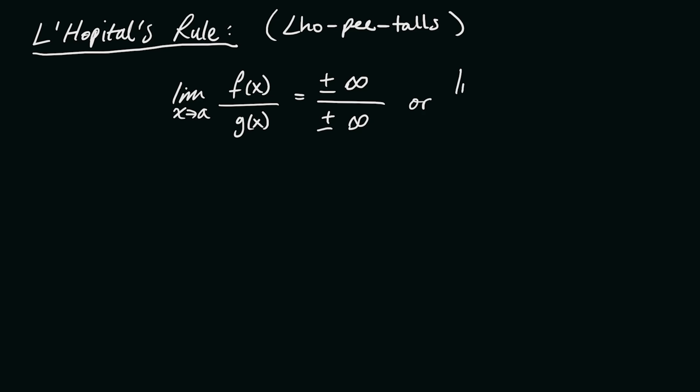Or it can be applied whenever the limit as x is approaching a, our little value there, of f of x over g of x is equal to 0 over 0.